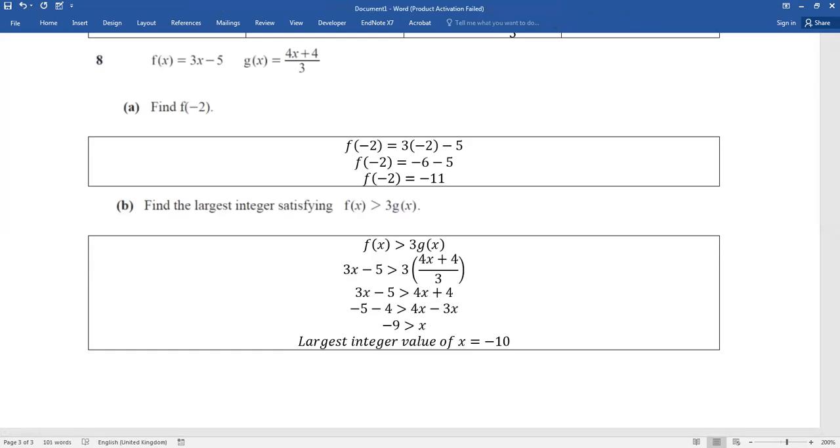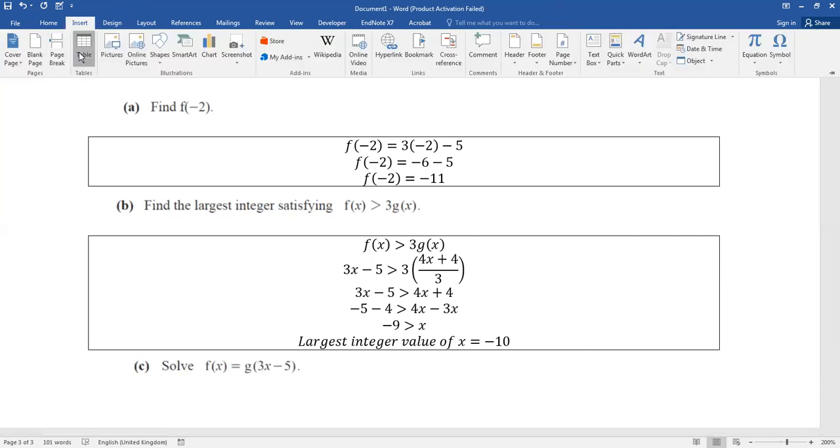Moving on to the next part, C. Now the question is saying f(x) is equal to g of 3x minus 5.